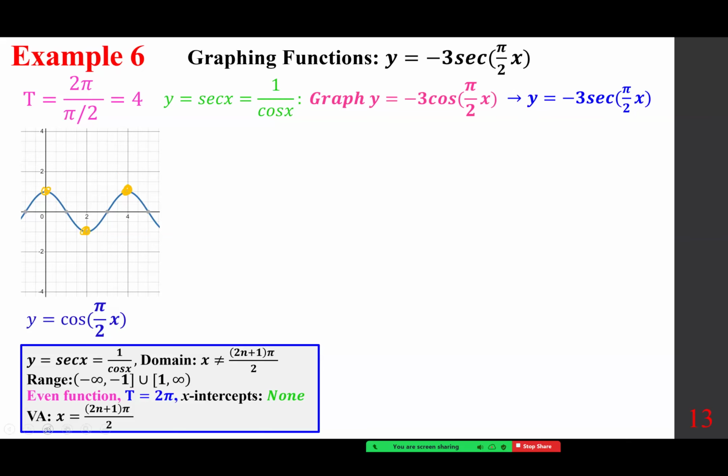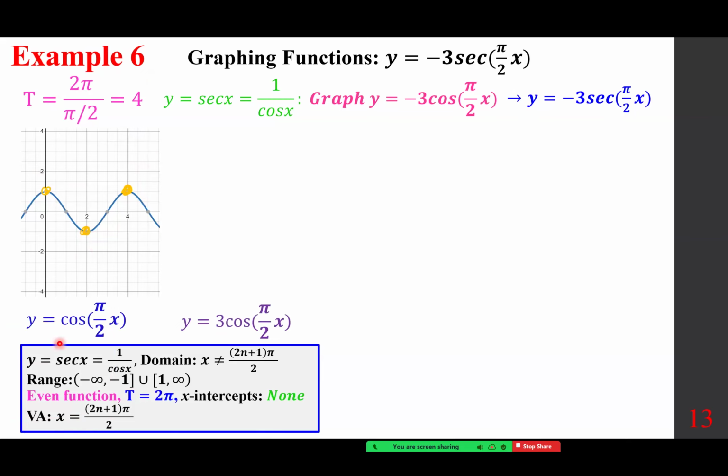So that's cosine of π/2 x. And the 2π has changed to 4. Just very straightforward. All right. Let's multiply it by 3. That means vertical stretch by 3. So this becomes -3, the y coordinate, and this becomes +3. Okay.